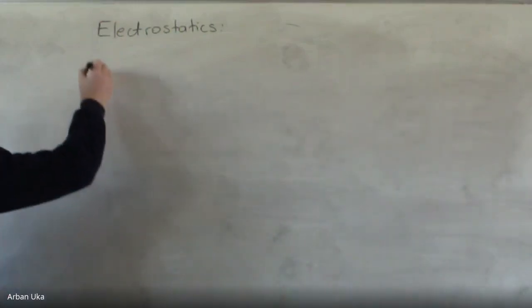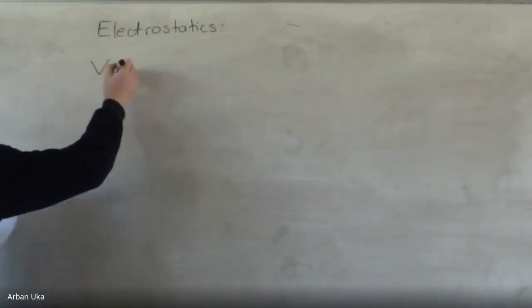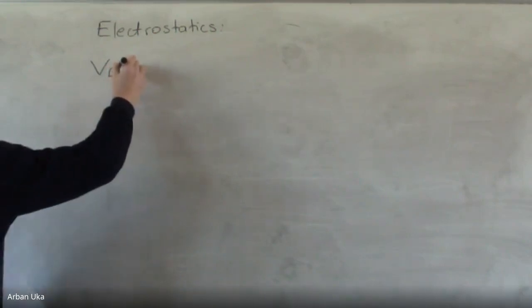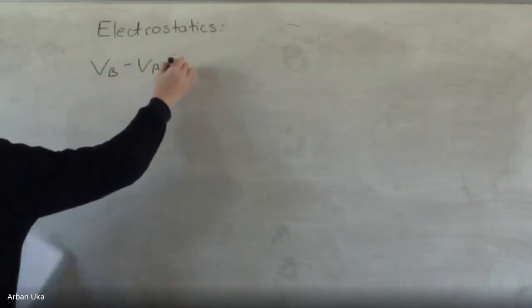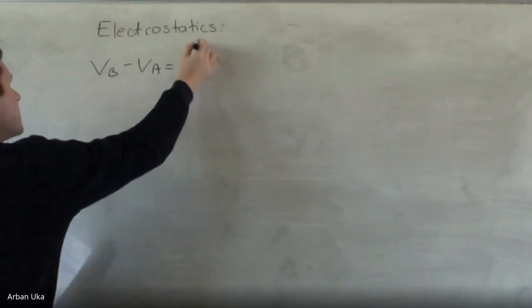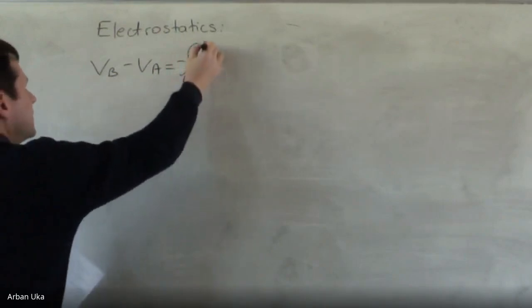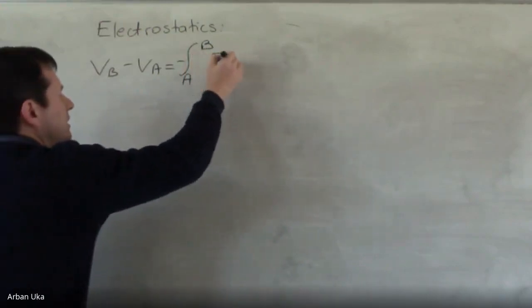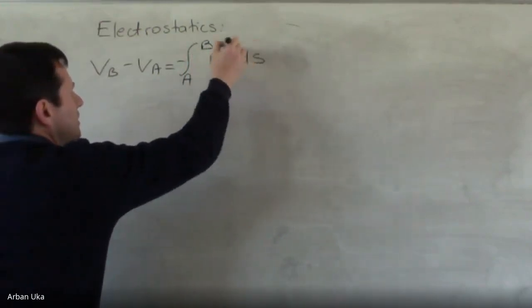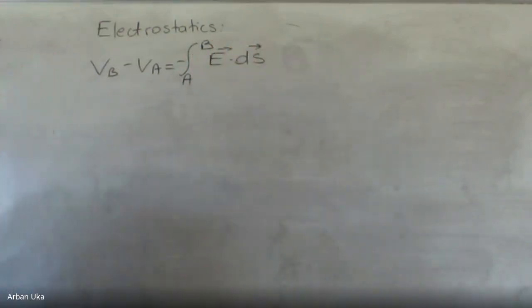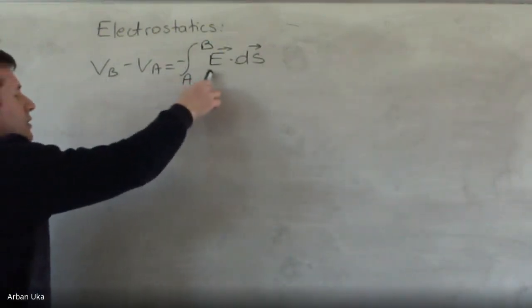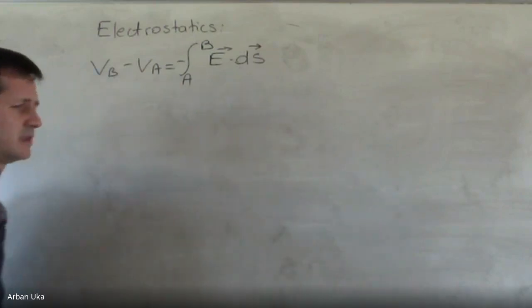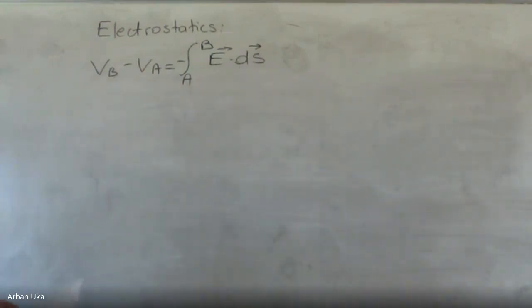The potential difference between any 2 points, if we write VB minus VA, is going to be equal to the integral from A to B, with a minus sign, of E dot ds or dl. You know what the unit should be, because if we want to get volts here, we should also get volt per meter times meter. We get the correct unit.